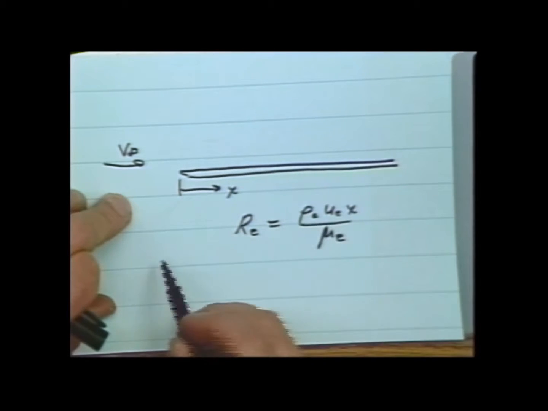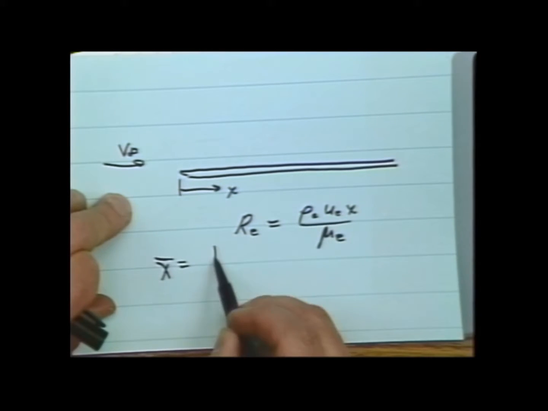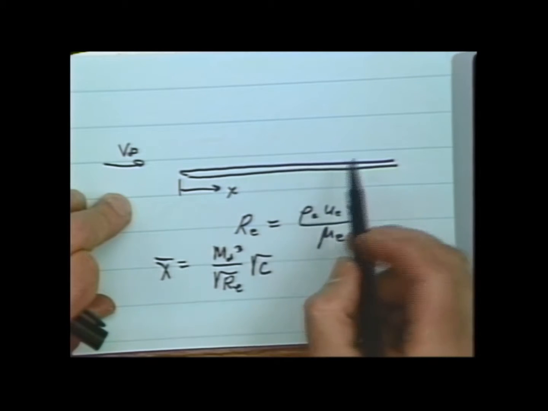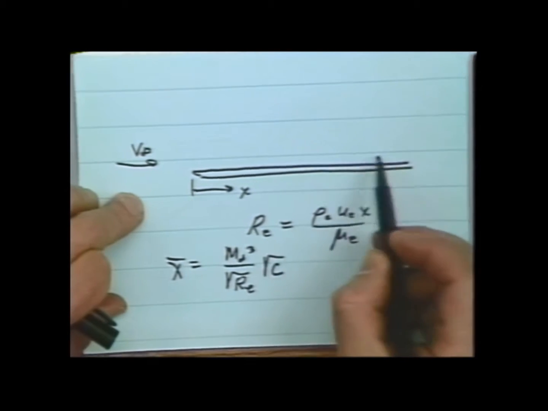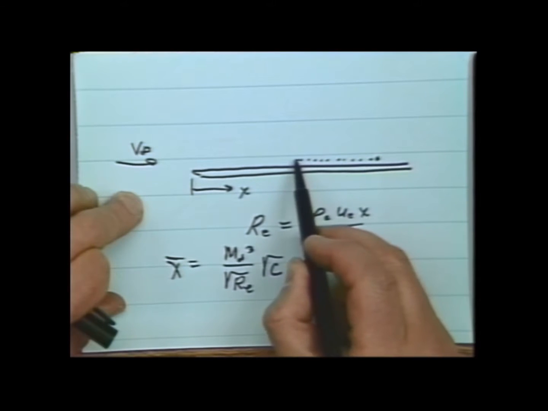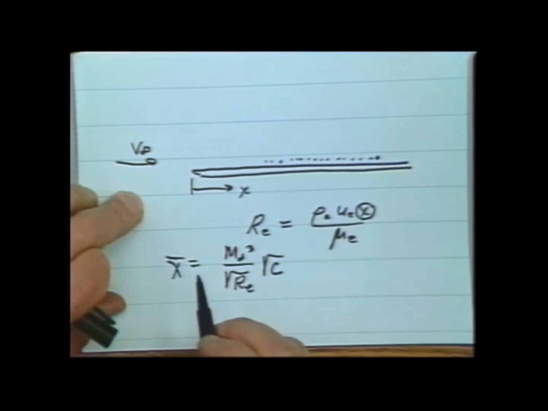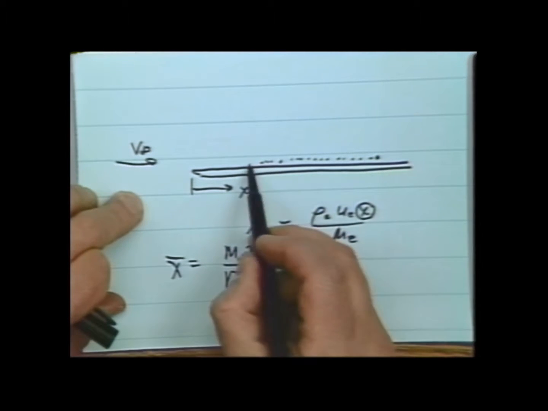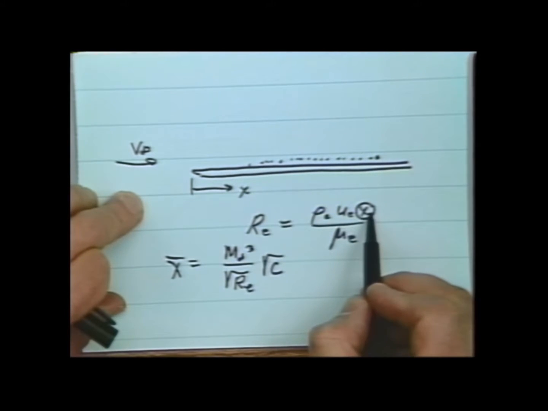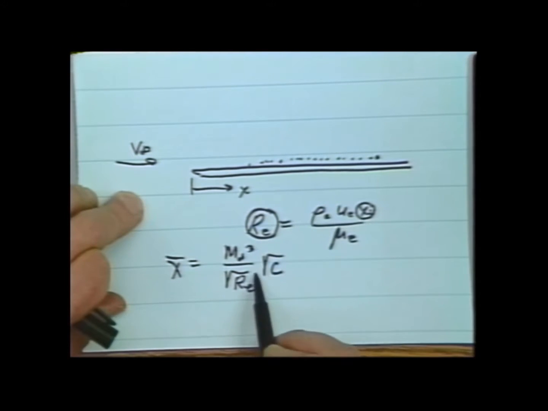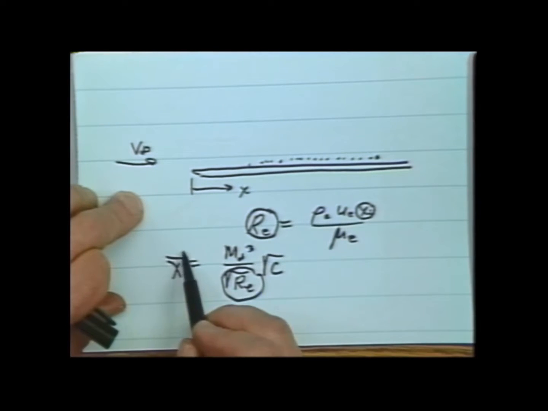And the chi-bar parameter is equal to M infinity cubed over the square root of the Reynolds number times the square root of C. So what happens if we start at the back of the plate and move forward towards the leading edge? As we move towards the leading edge, X becomes smaller. If X becomes smaller, the Reynolds number becomes smaller. And if the Reynolds number becomes smaller, chi-bar increases.